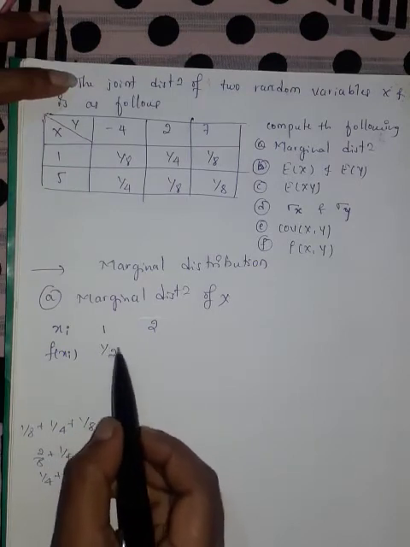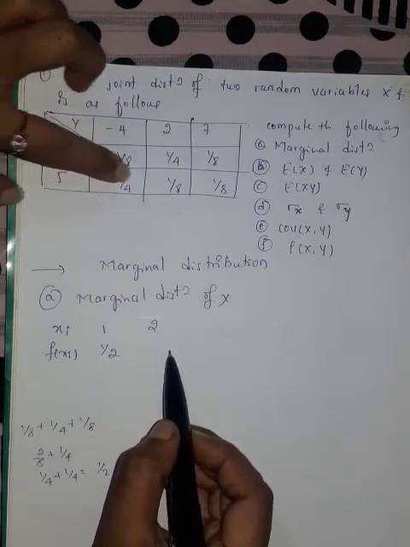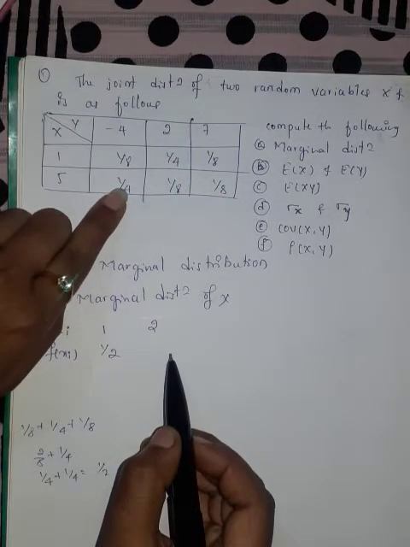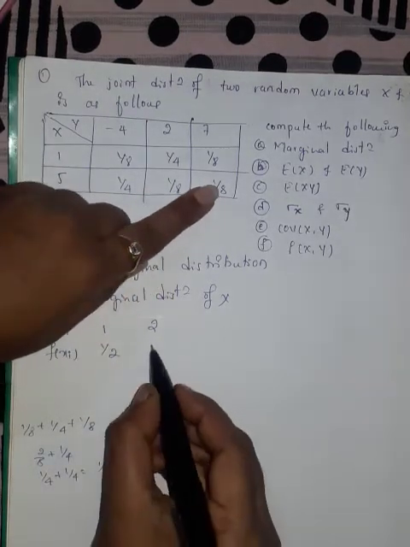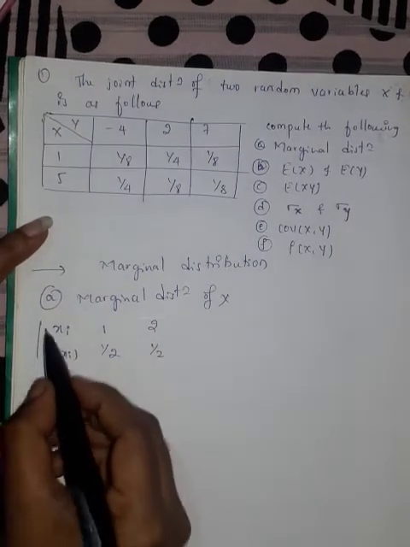This is f of x1. Next, f of x2 is the sum of entries in the second row, 1 by 4 plus 1 by 8 plus 1 by 8, again 1 by 2. This is the marginal distribution of x.